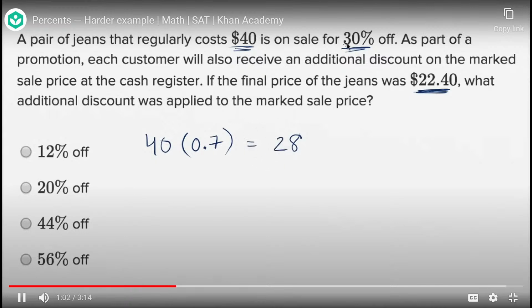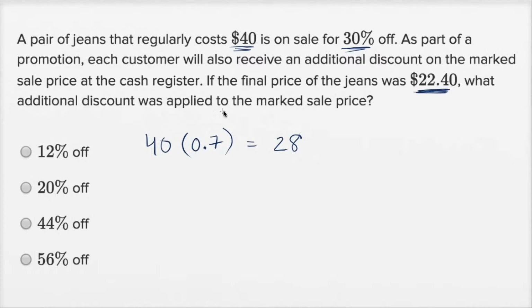All right, so $28 would just be the 30% off. But the final price of the jeans was $22.40. What additional discount was applied to the marked sale price?